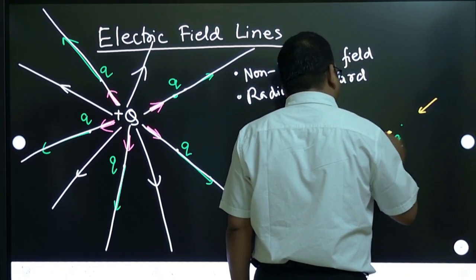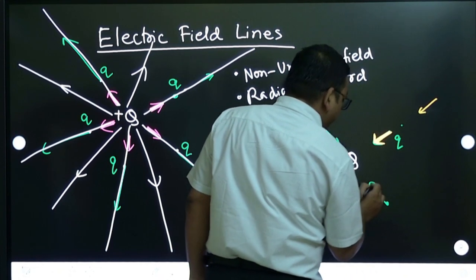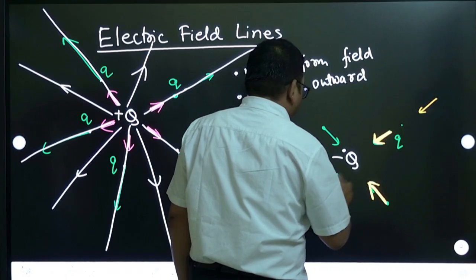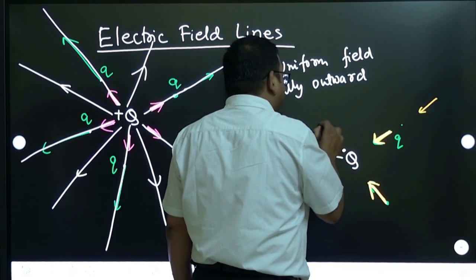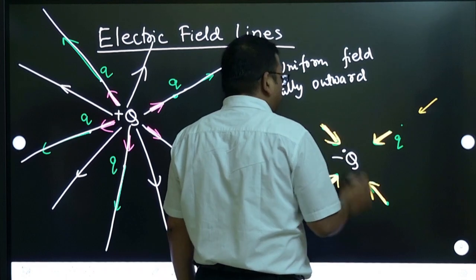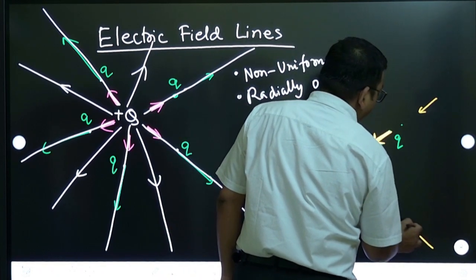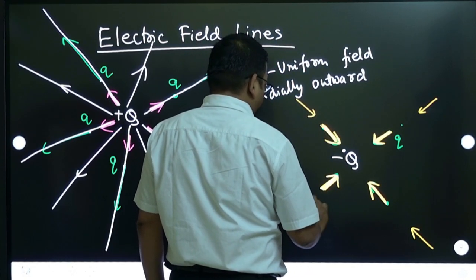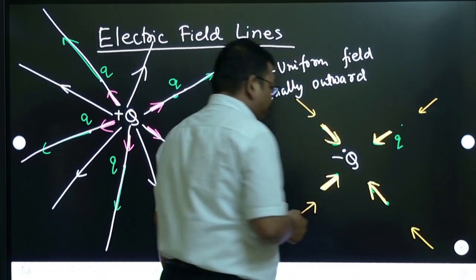When you consider nearby points, the force will be more, which I represent by thick lines, and if you go further away, the force will be less, so thin lines can be used to represent that.